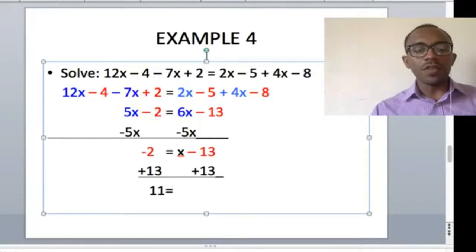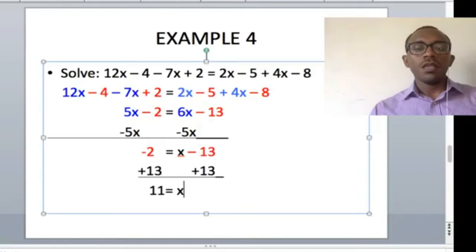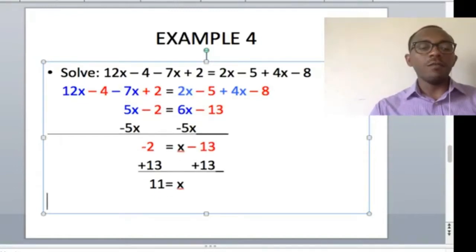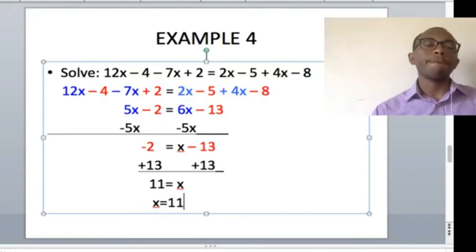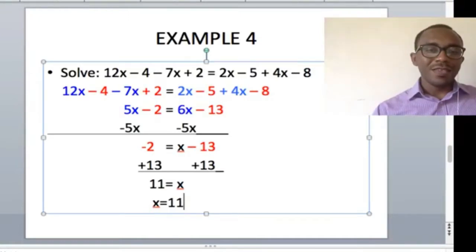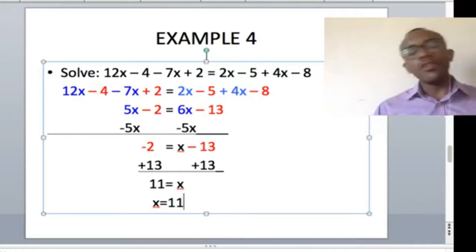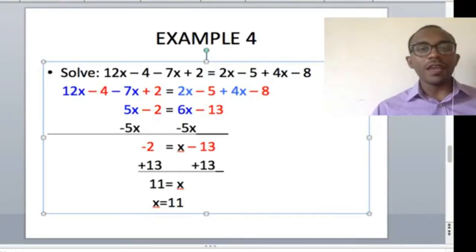And negative 13 plus 13 cancels, so that becomes x. Which means the same as, like I said before, x equal to 11. It's the same thing. Okay? I'm going to let you read it for a few seconds, and then after that, we're going to move to the next example.